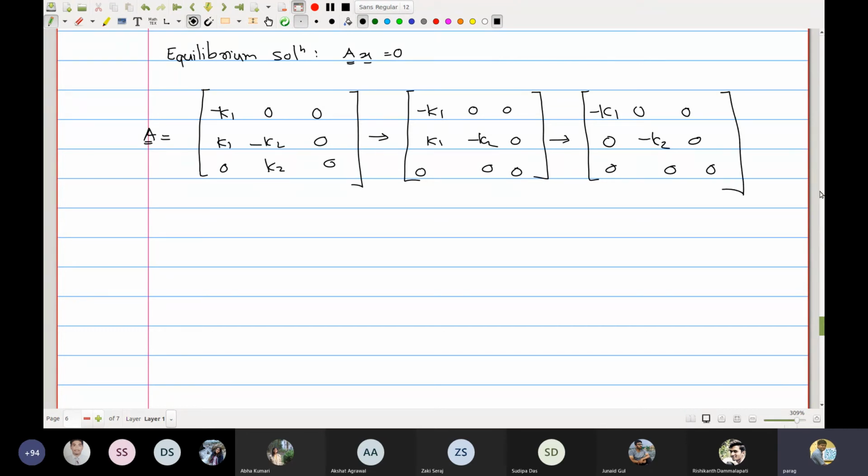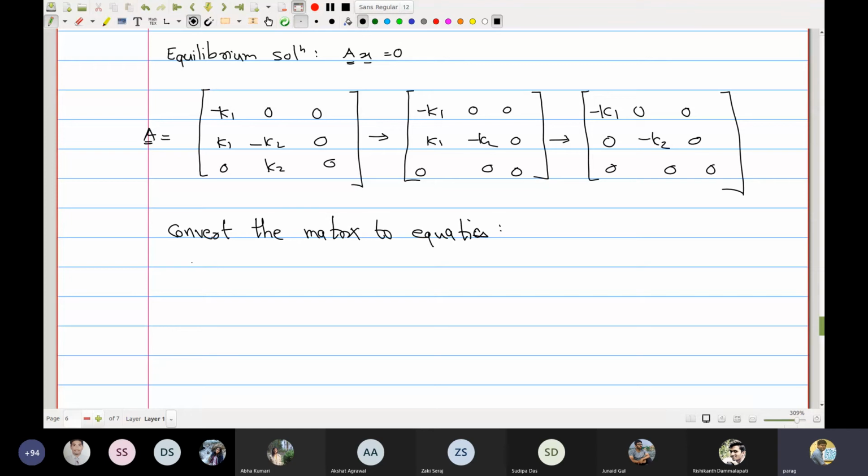Okay. So if you remember the way we solved for null space, what was the next step? The next step was to convert the matrix to equations.